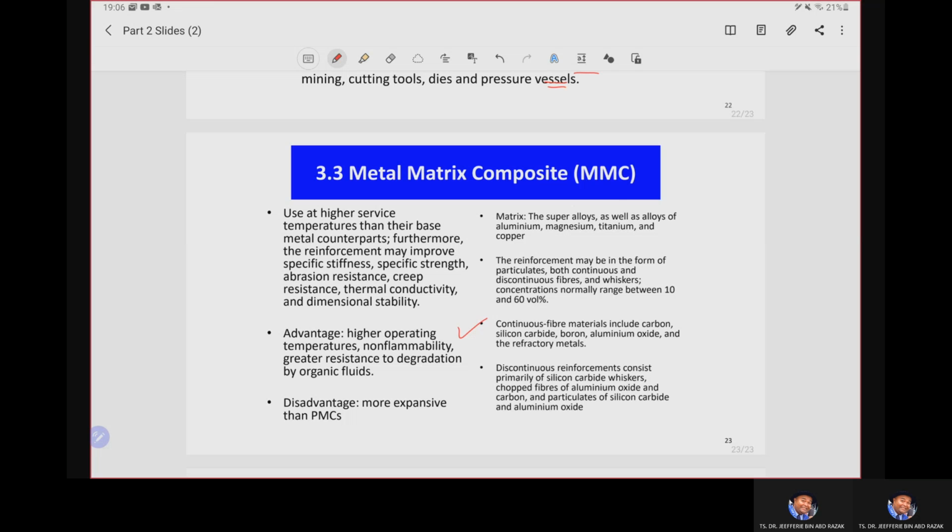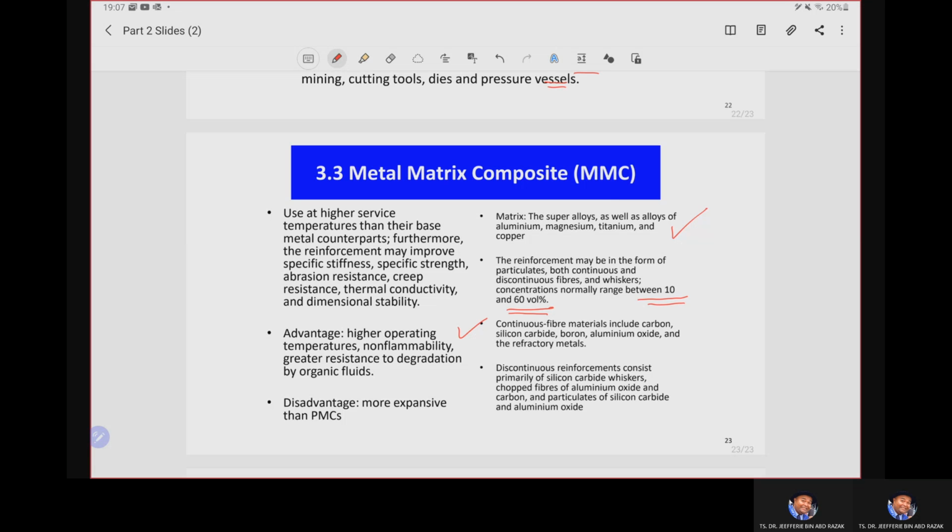For MMC, the matrices used are superalloys, as well as alloys of aluminium, magnesium, titanium, and copper, while the reinforcement phase may be in the form of particulate, continuous and discontinuous fibers, and whiskers, which are normally added at between 10 to 60 volume percent.